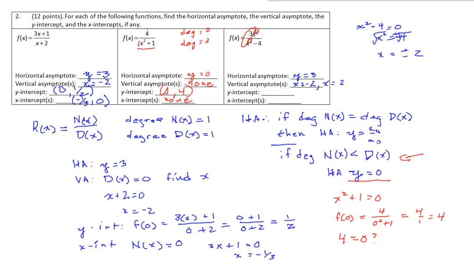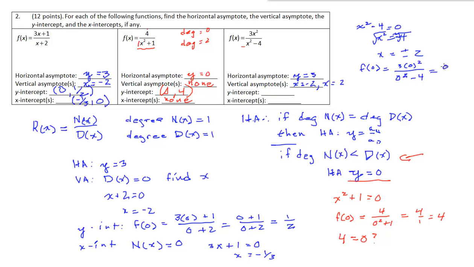The y-intercept is when we set x equal to 0. Clear this off a little bit. So the y-intercept is f of 0, which would be 3 times 0 squared over 0 squared minus 4.